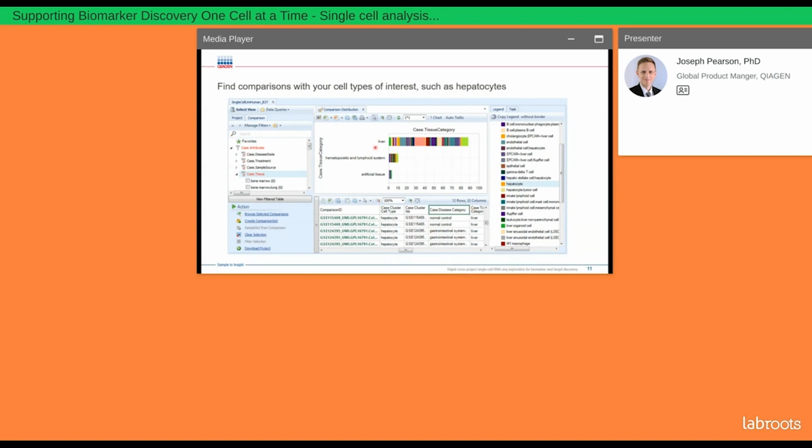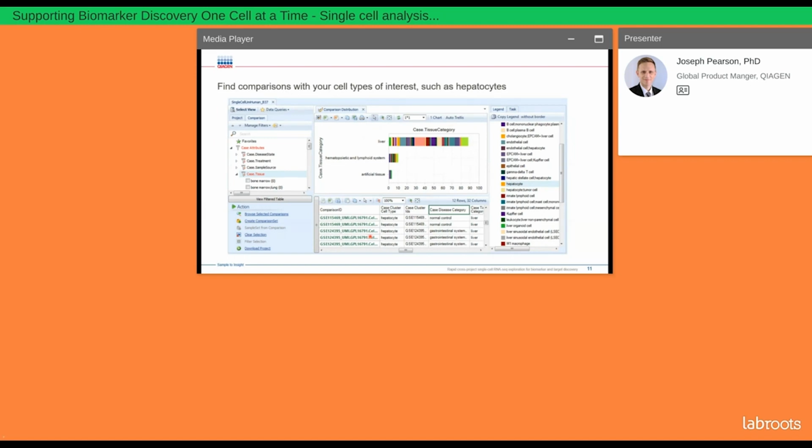So we filtered down on only comparisons having to do with liver, and we found out of the over 100 statistical comparisons generated, we found those where the case group of cells were hepatocytes, and found 12 different statistical comparisons between a cluster that was identified as a hepatocyte and other clusters within the data set.